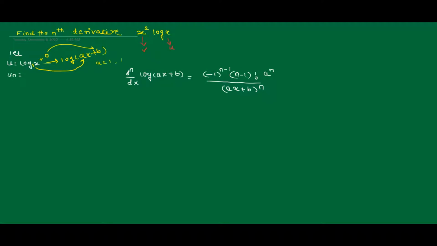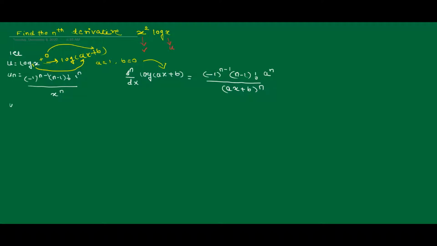You have to substitute in this formula. If you substitute in this formula, un is equal to minus 1 raised to n minus 1 into n minus 1 factorial into a raised to n, a value is 1, so 1 raised to n, divided by ax plus b, which is x, raised to n.